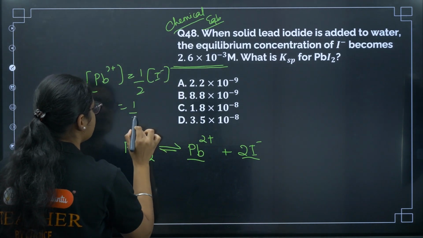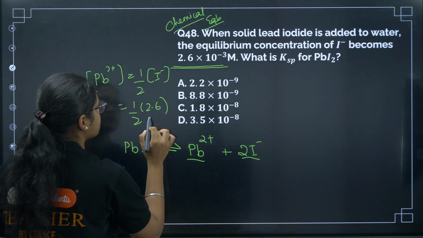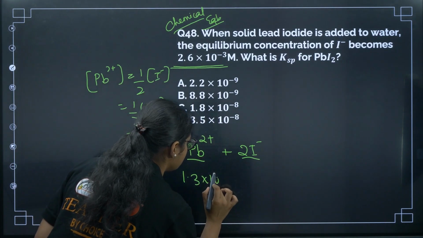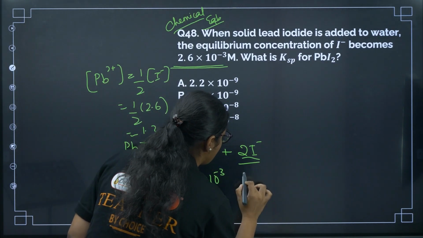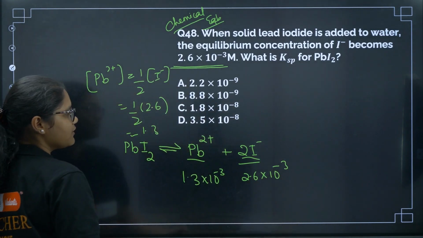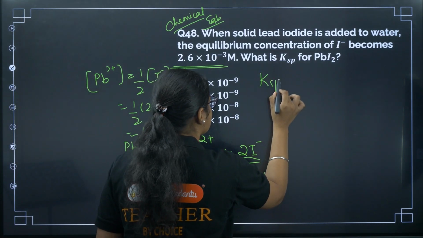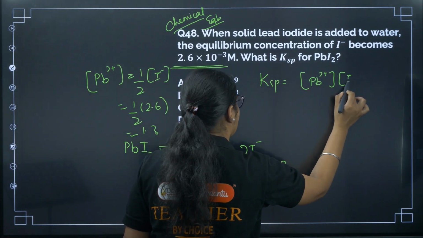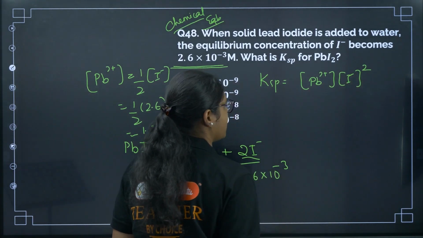So, that is 1 by 2 of 2.6, so we will get 1.3. Okay, so Pb2 plus concentration is 1.3 into 10 to the power of minus 3 and I minus concentration is 2.6 into 10 to the power of minus 3. Now, if I want to write the KSP value, the KSP formula is what? Pb2 plus concentration into I minus concentration square, right?